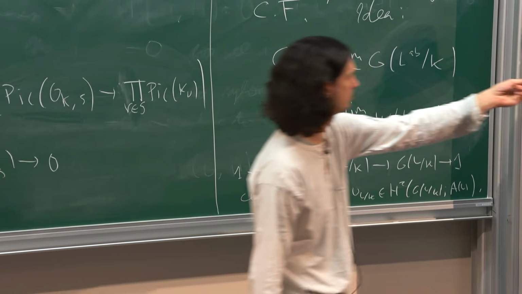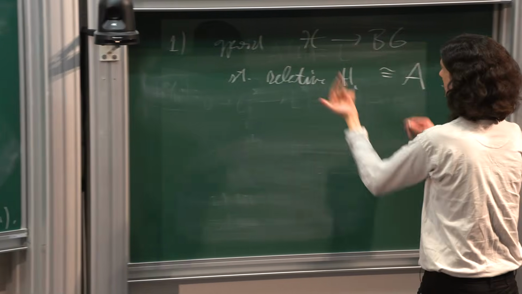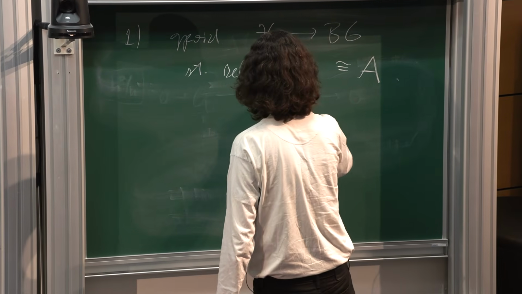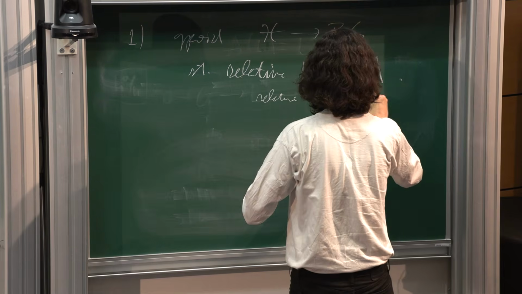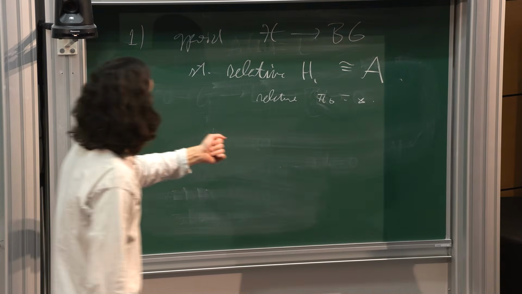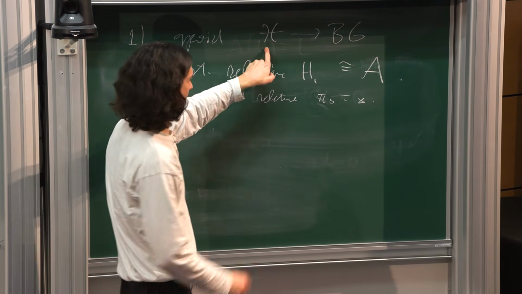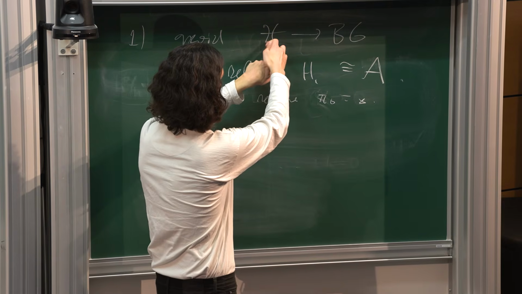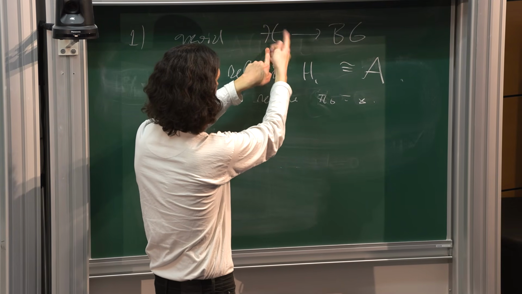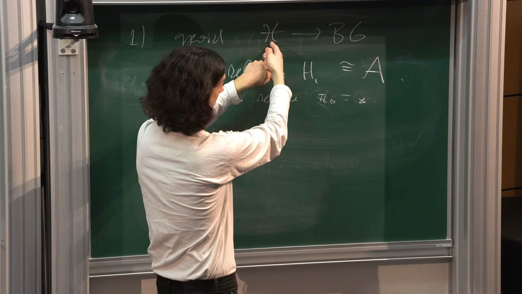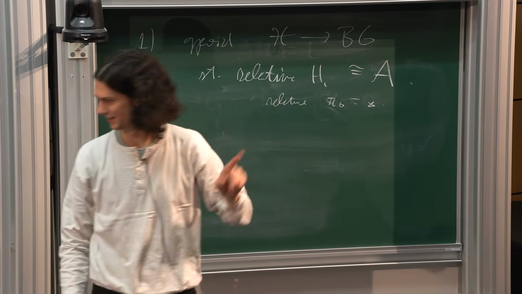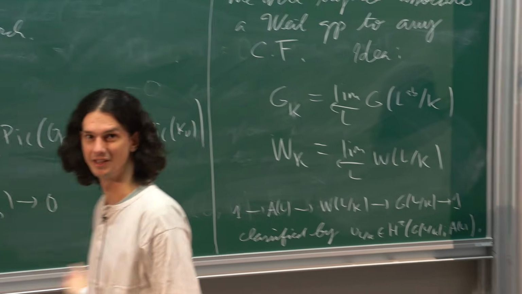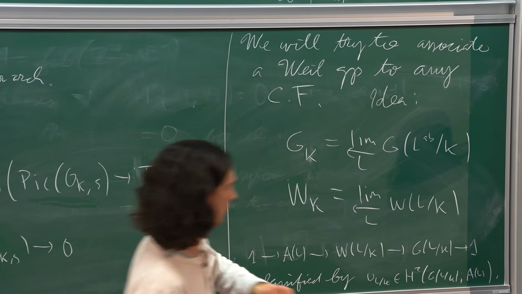And such that the relative pi 0 is equal to a base point. Then if you fix a base point here, X will be B of its group of automorphisms, call it W. Then W will be an extension of G by A. And that's kind of the situation here. But saying it like this is a bit more canonical.